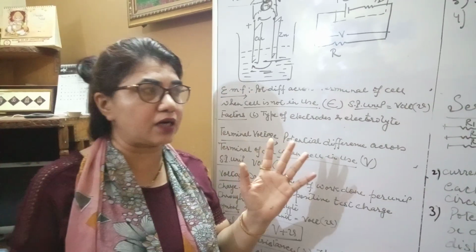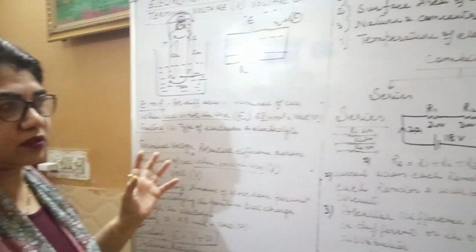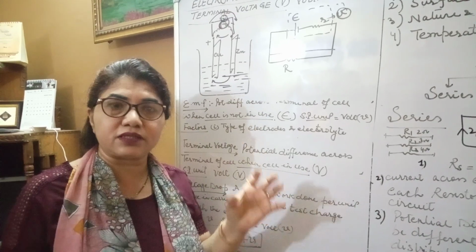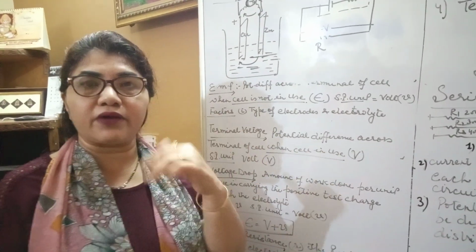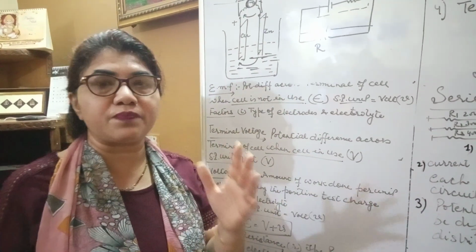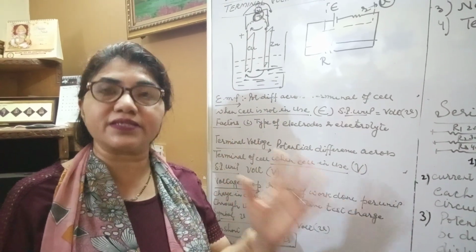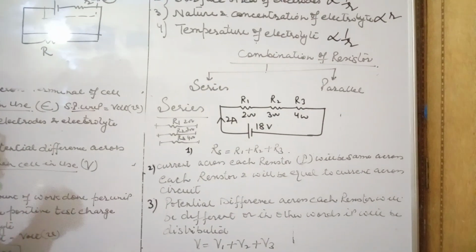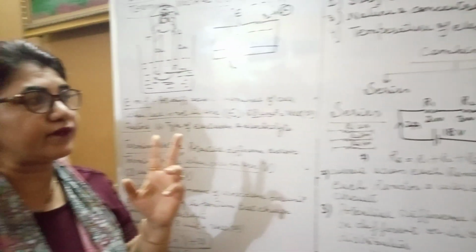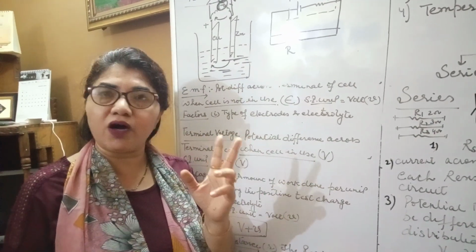Now in a diagram, we can't draw one tube light, one AC or one fan. Instead of that, we simply symbolize it with the symbol of resistance. So in one room, if I connect 5 appliances, I have 2 options. Either I will connect them in series or in parallel.